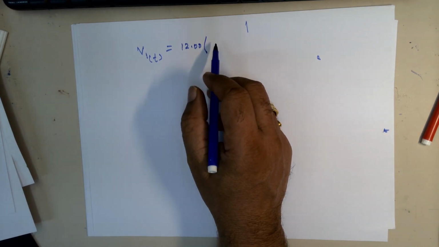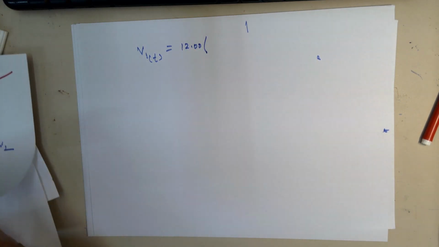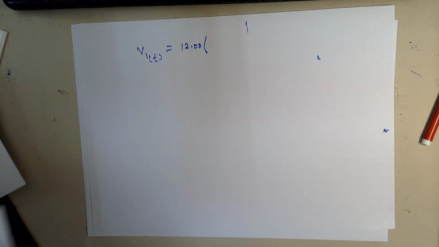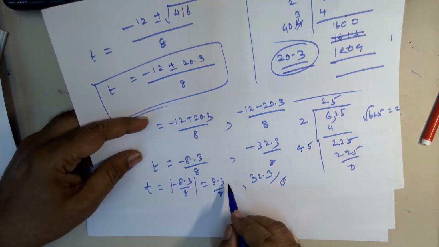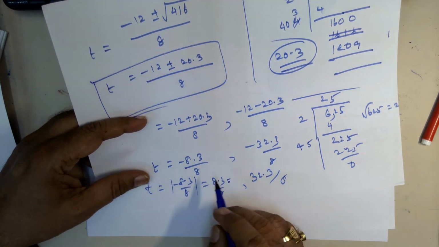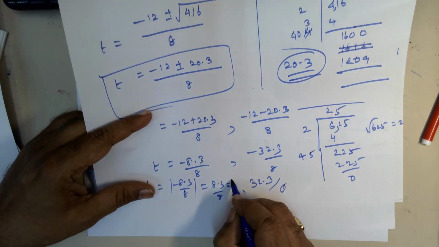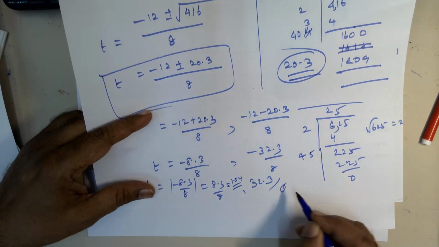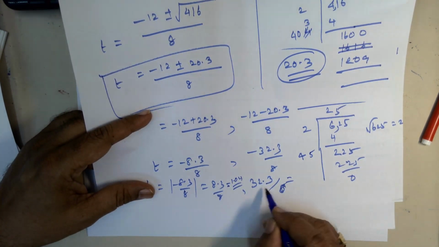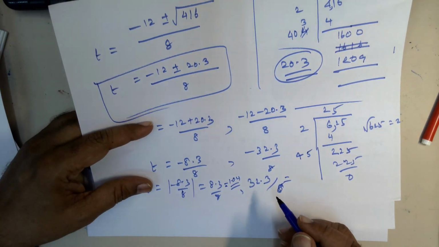T. What is the T value? The T value 8.3 divided by 8 means that is roughly 1.04. Correct. And what about this one? Divided by 8, 32.8. How much?